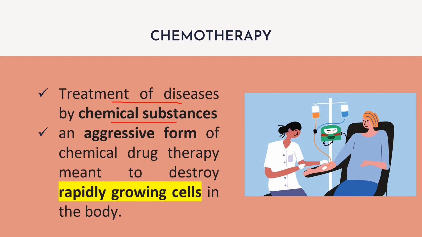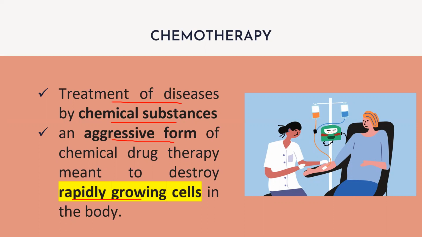It is the therapeutic use of chemical agents to treat the disease. And since cancer is an aggressive kind of disease, chemotherapy is also an aggressive form of chemical drug therapy meant to destroy rapidly growing cells in the body.